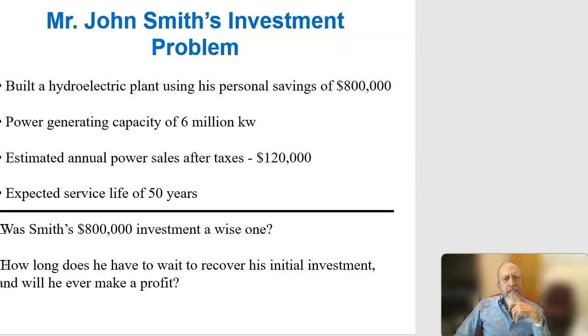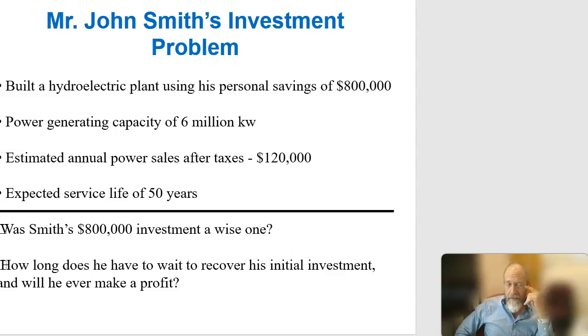Mr. John's investment problem. Mr. John Smith put $800,000 of his money into putting together a little power plant on his property. His annual power sales after taxes is estimated at $120,000.